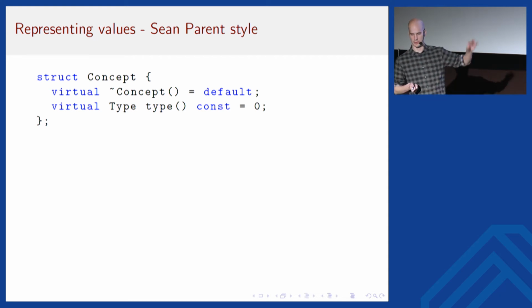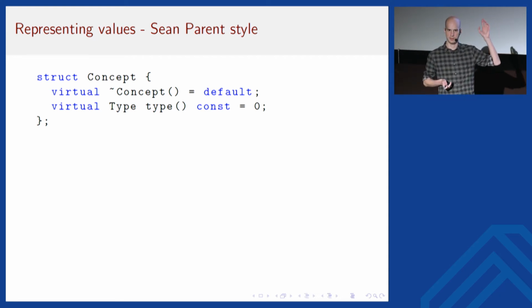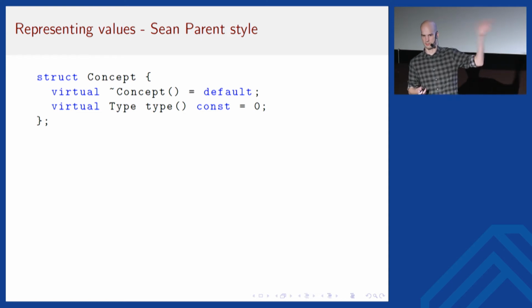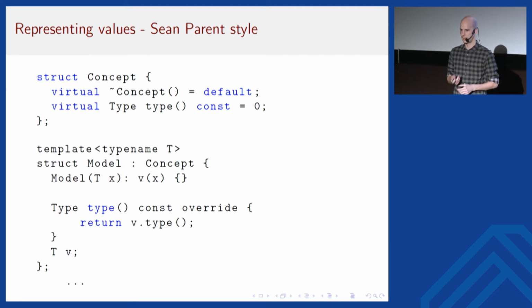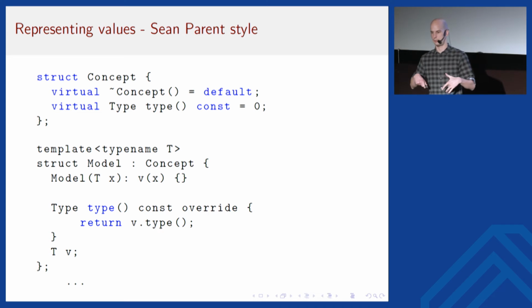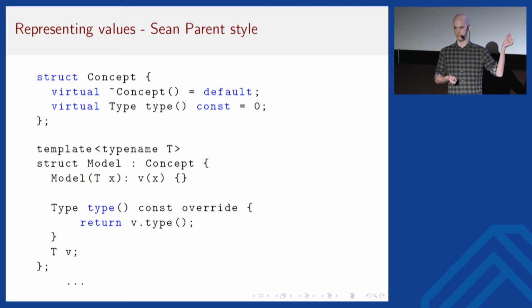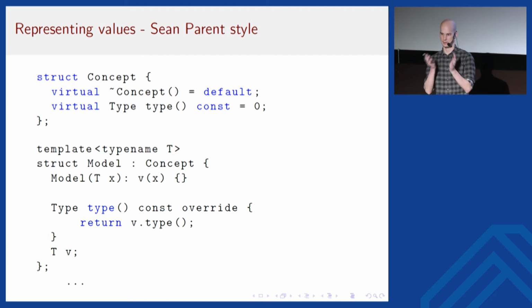So how does this work? We define a class that basically tells what our interface is going to look like. In this case, every type is going to have such a type function. And then I provide a template that implements this concept for a type T. So I can instantiate this model with a type T that has a type member function, but that does not have to derive from the concept class itself.